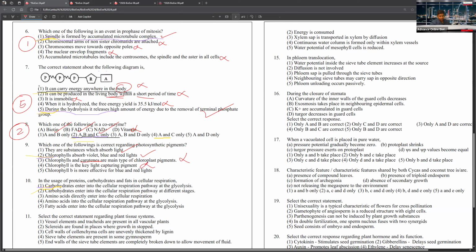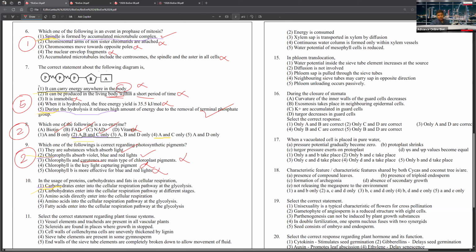It's chlorophyll A, right, people? Chlorophyll B is most effective for blue and red light. So what's the answer? Second is better. We'll go with the second one as a better answer.